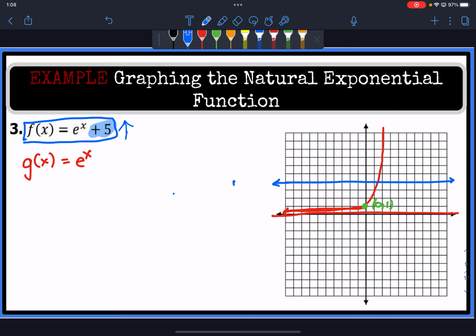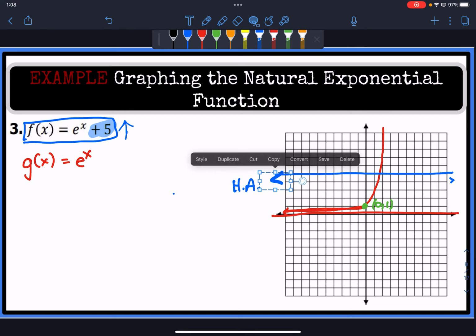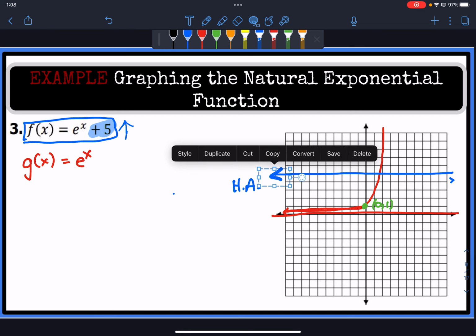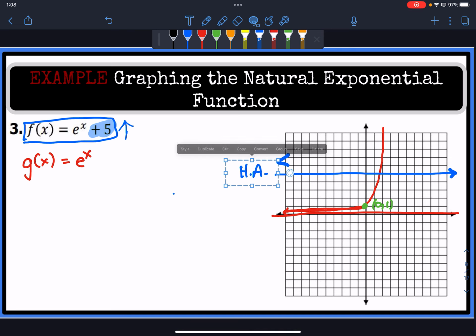This is the horizontal asymptote. And moving this point, 1, 2, 3, 4, 5. I'm sorry, I meant to say 5. I don't know why I counted 4. So let's move it 5. There we go. There's my horizontal asymptote.